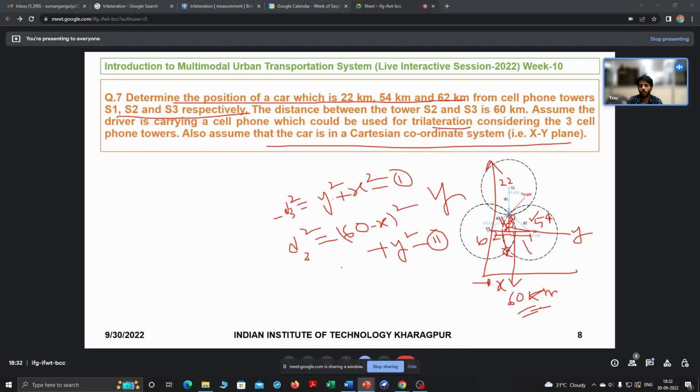You already know that the d3 value is 62 and d2 is 54. Those two are known. And y is there in both equations. So if you have two equations and two unknowns x and y, you can easily solve it. That we already know from our mathematical concepts. It's a determinate thing to solve.